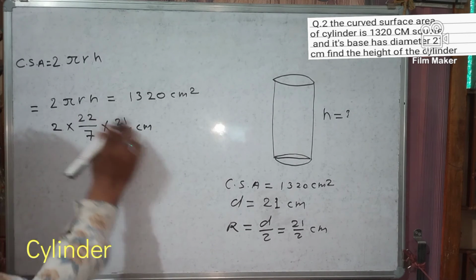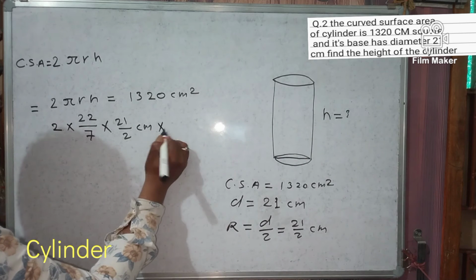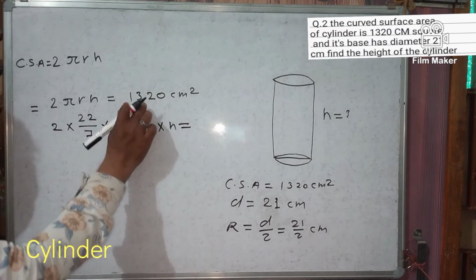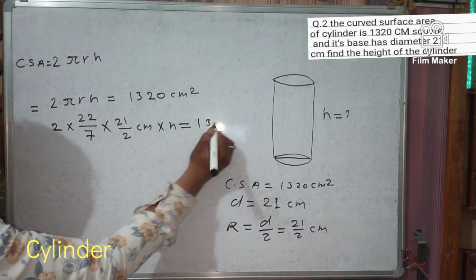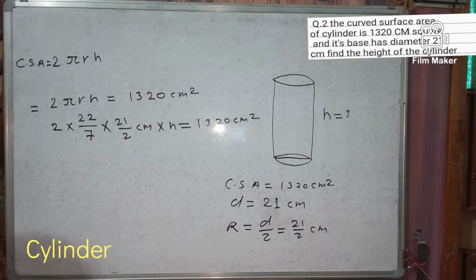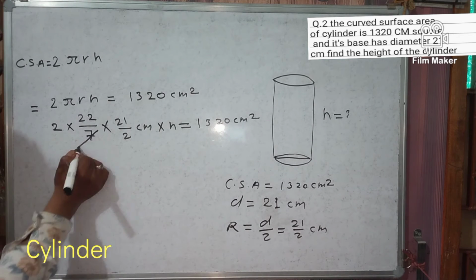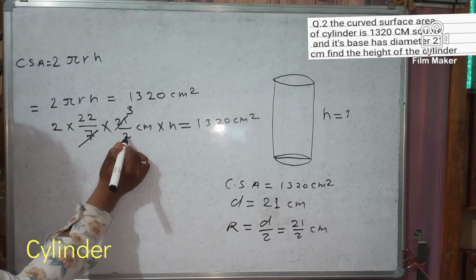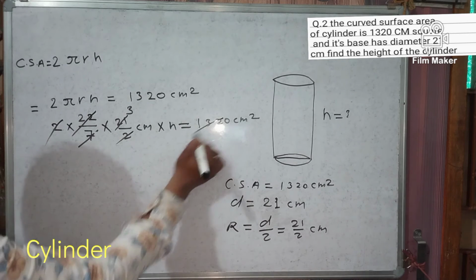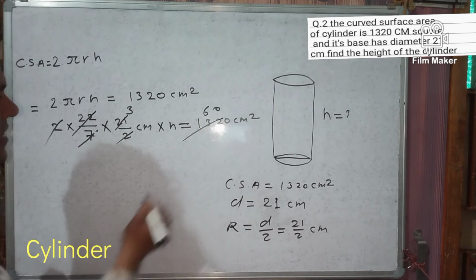And height is not given. Height is our target to find, so keep it h, right? 1320 centimeter square. Now 7 threes are 21 and 2 cancel, and 22 sixes are 132.